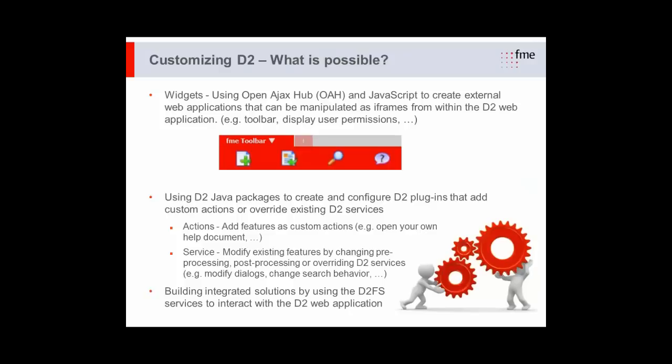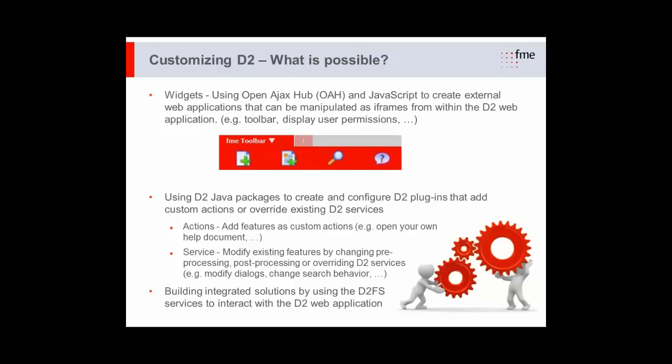A widget is an external web application, and this external web application communicates through a so-called Open Ajax hub with D2. So you can send messages and receive messages from the Open Ajax hub, and this is the way D2 communicates with custom widgets.